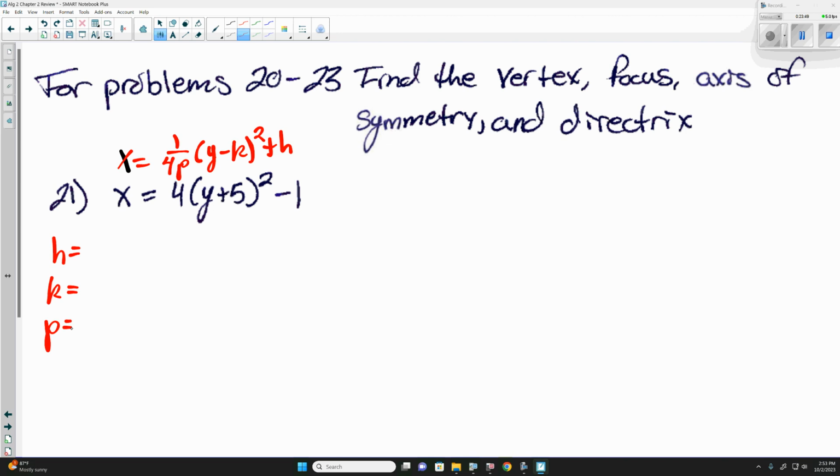Okay, h is -1. So this is also part of the reason I do write the general form back out, because when we have x equals, h and k do flip places. But p is still our 1 over 4 times the number in front of our parentheses, which is 4.